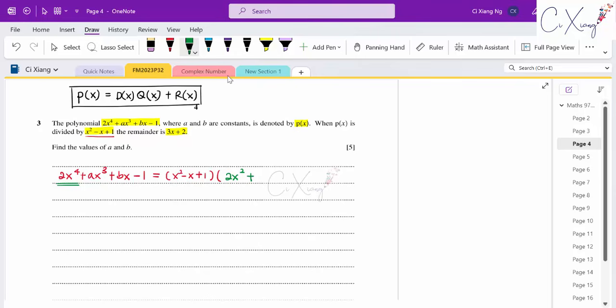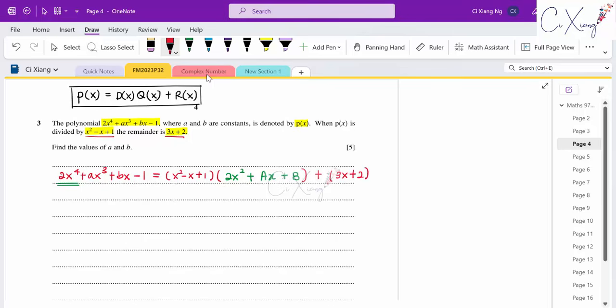Because we don't know the coefficient of x power 1, we denote it by capital letter A, so Ax power 1, and then we reduce the power again by 1, so we have a constant term, which is capital B. This is our quotient for this question. Then plus remainder. The remainder is given, which is 3x plus 2, so plus r(x), the remainder 3x plus 2.